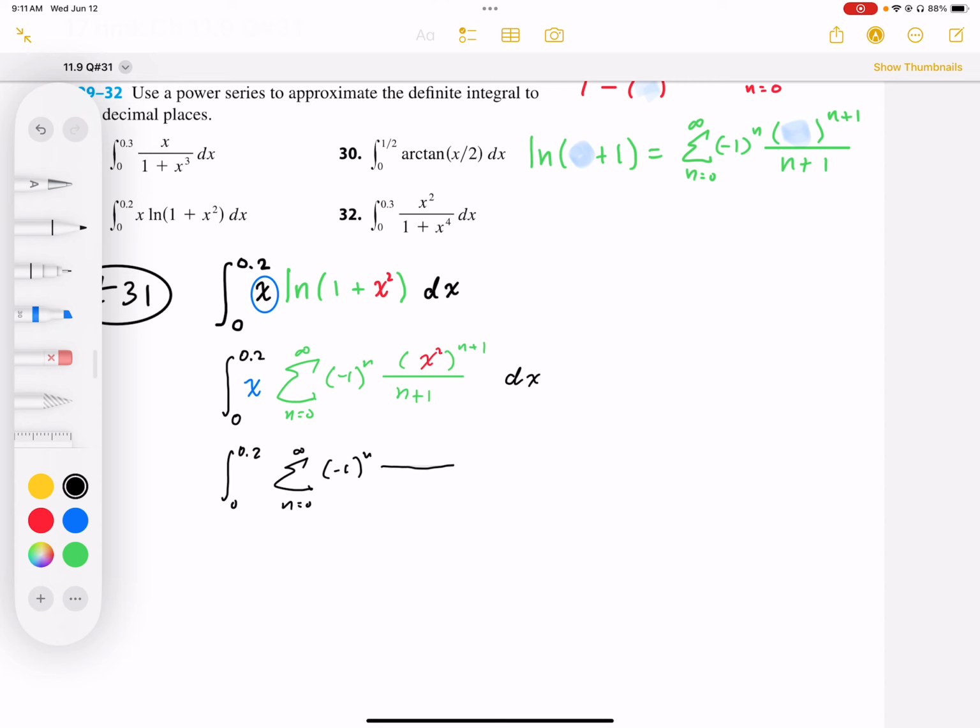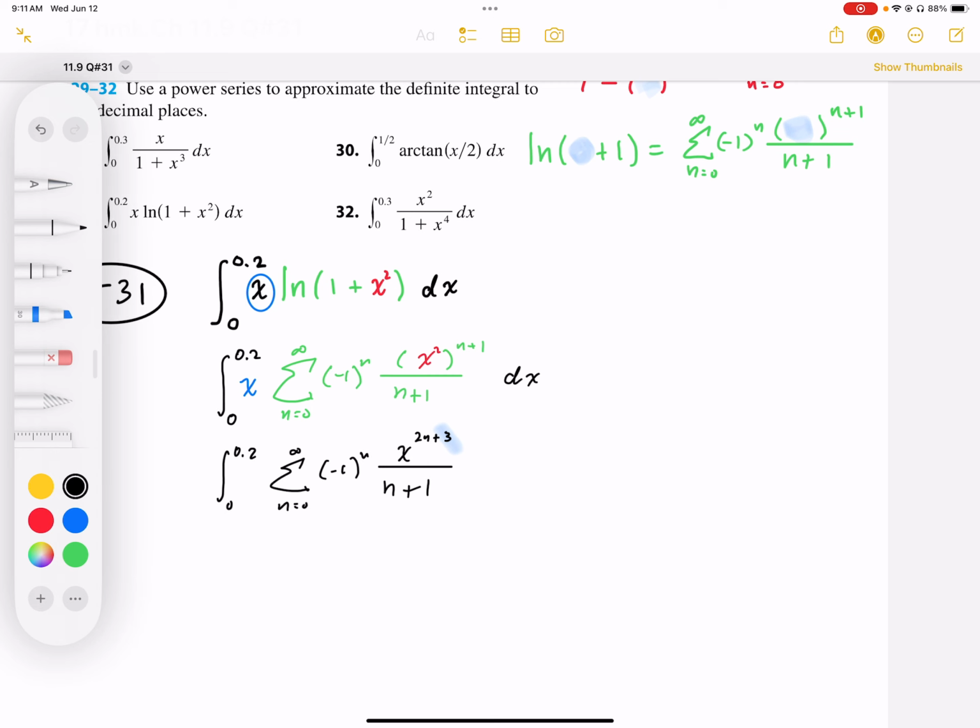That power on x, we're going to end up with x to the power 2n plus 2, but we have that extra x, so we're going to end up with a plus 3. So that plus 3 includes the x that we had on the outside.